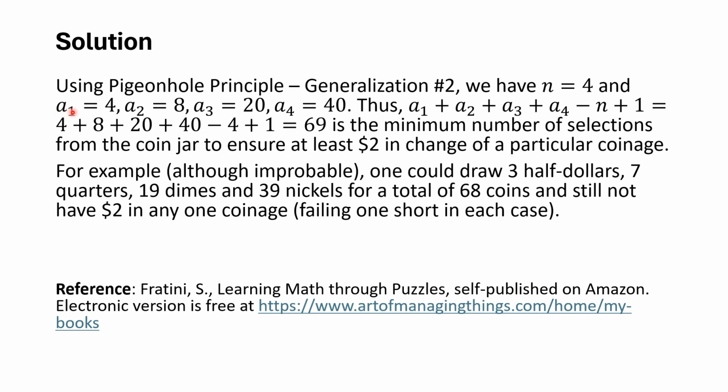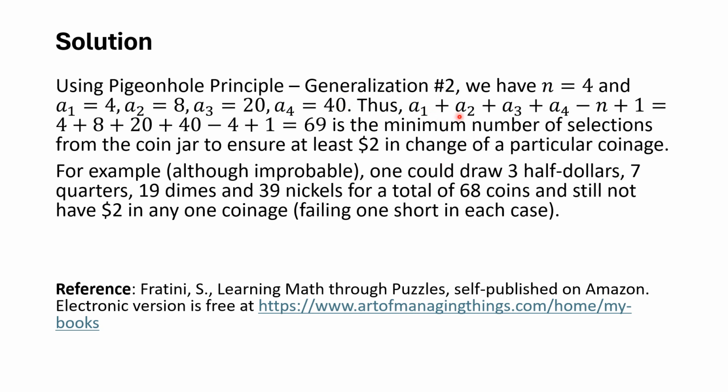So A1 would be 4, so you need 4 half dollars to get to $2. Or we'll let A2 equal 8, so you need 8 quarters, or A3 represents the dimes, so you need 20 dimes to get to $2, or A4 equals 40, and that's the 40 nickels.